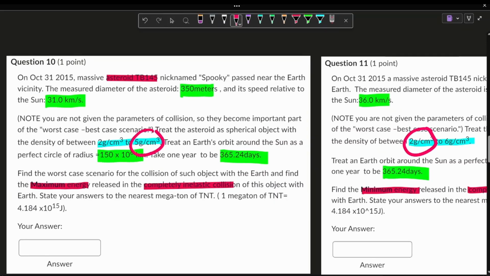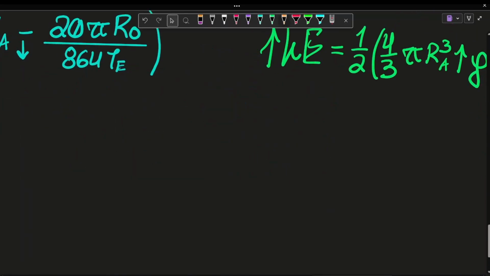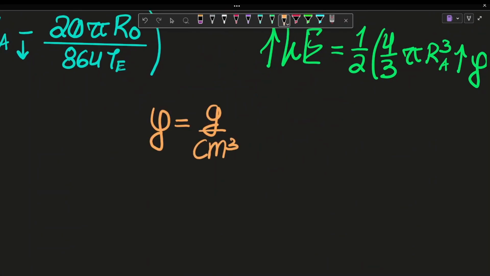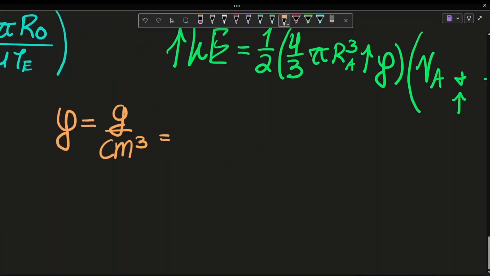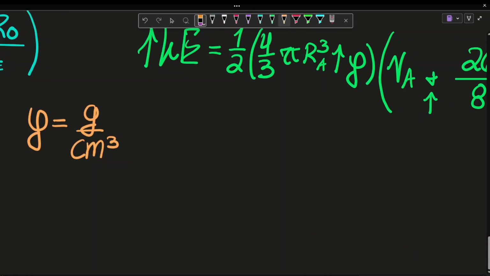This is maximum. Right? And just another conversion. Our densities are in grams per centimeters cubed, but we always want it to be in SI. So then this would be, of course, for every 1,000 grams, there's 1 kilogram.